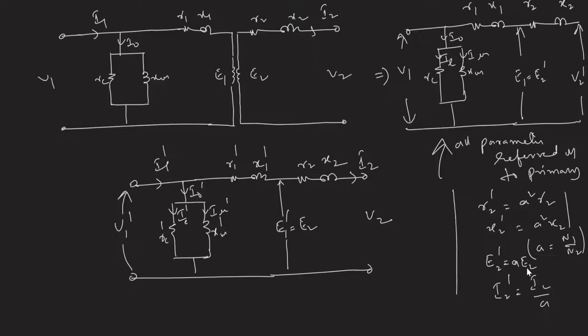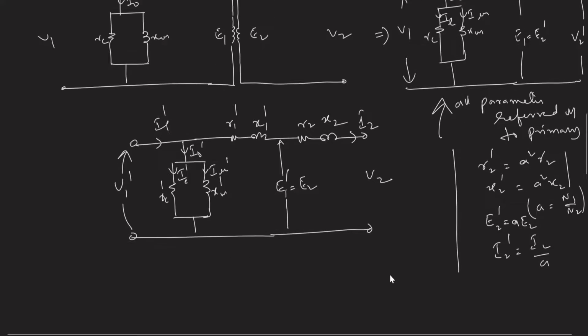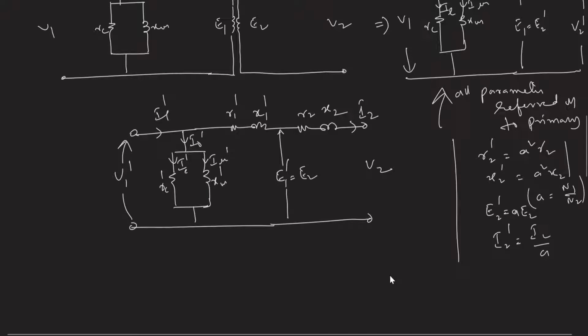This is particular to this one, and here in this case, R1 dash is equal to R1 by a square, X1 dash is equal to X1 by a square.